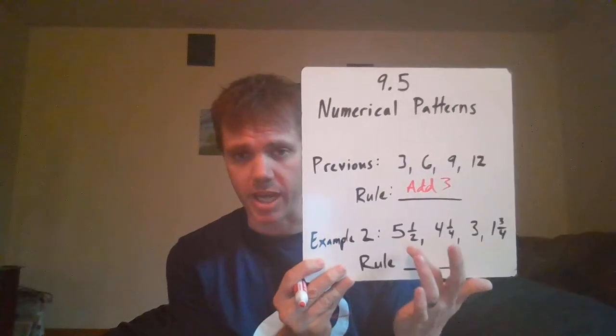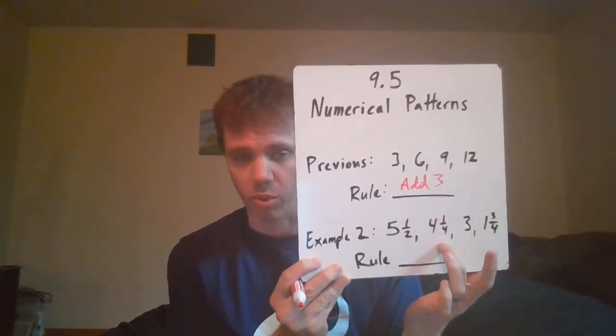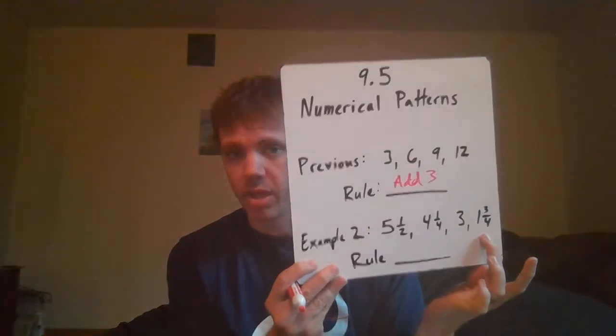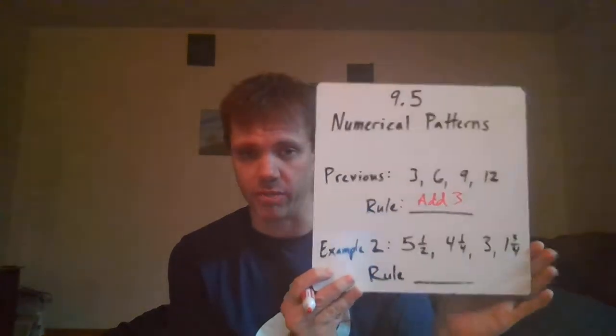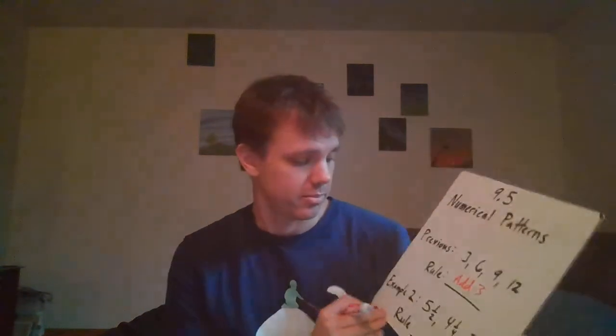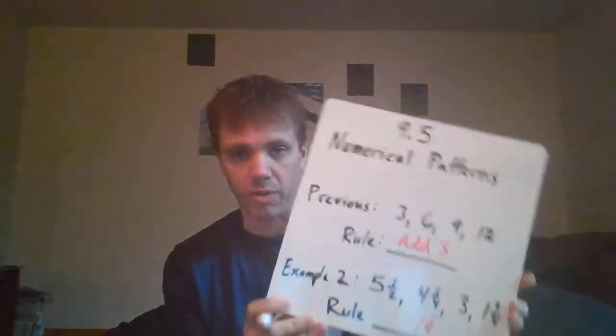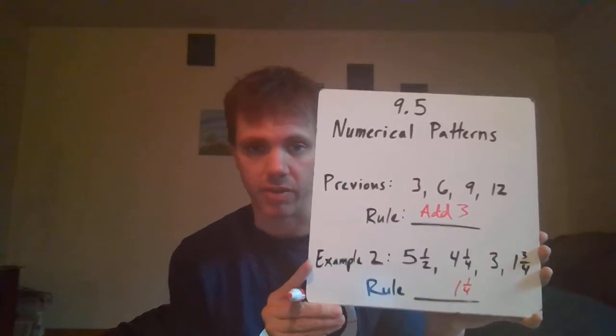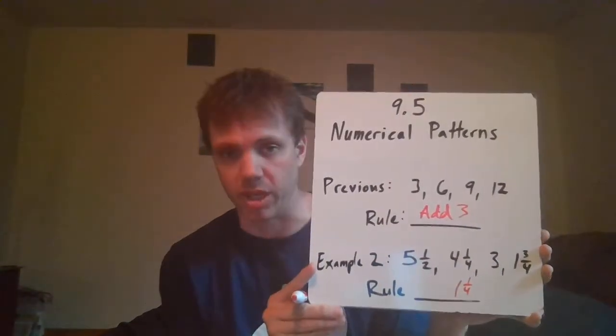Well, you would take 5.5 minus 4 1/4, or you could do 4 1/4 minus 3, or 3 minus 1 3/4. If you do that, you're going to find that the difference between these numbers is 1 and 1/4. So if you add 1 and 1/4 to 4 and 1/4, then you get 5.5. If you add 1 and 1/4 to 3, you get 4 and 1/4.